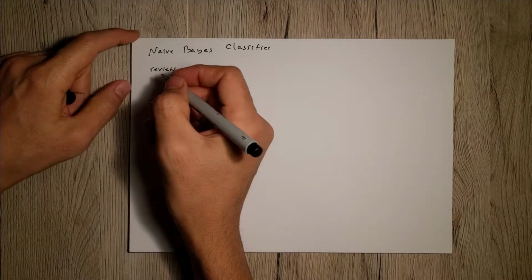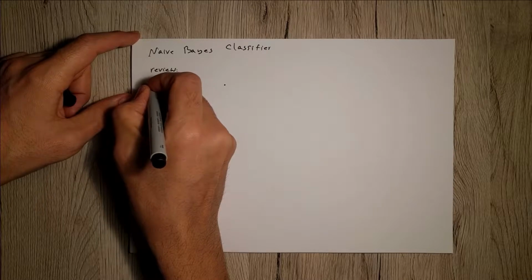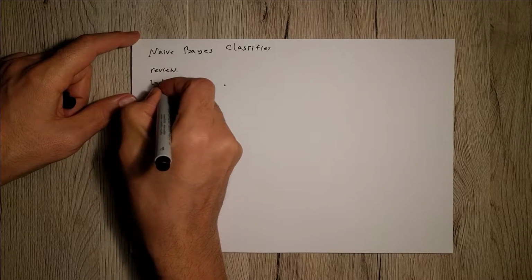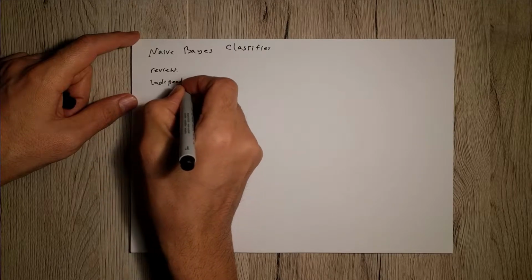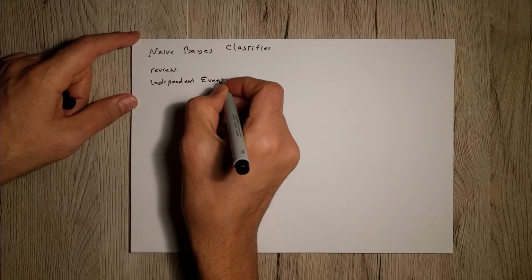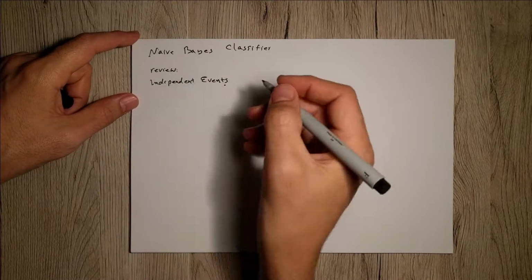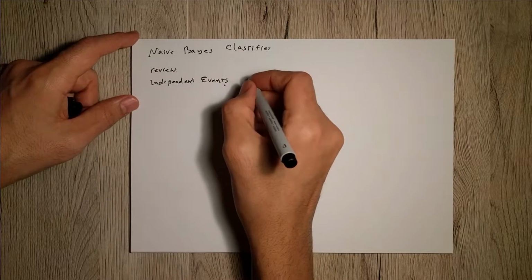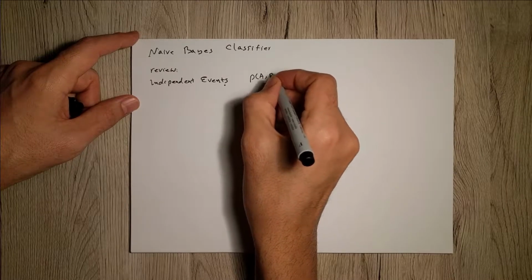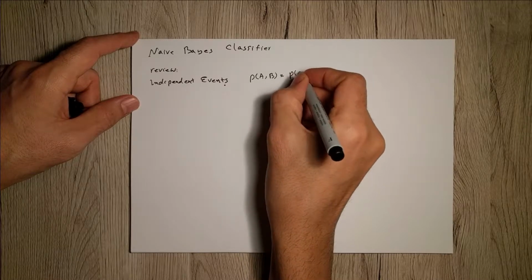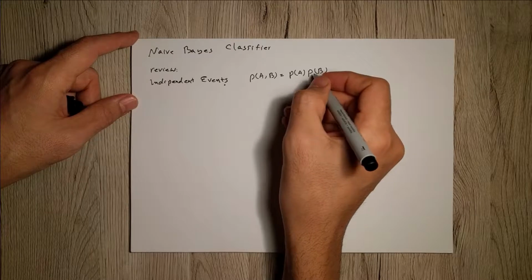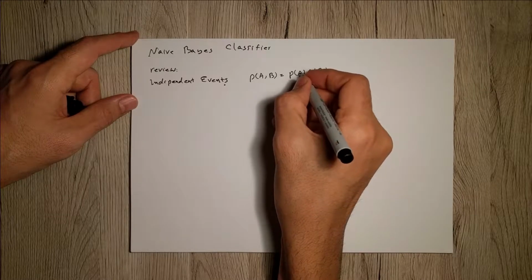Okay, we know that independent events are, let me just write it down. A and B are two independent events if the joint probability of them is equal to the multiplication of their probabilities.